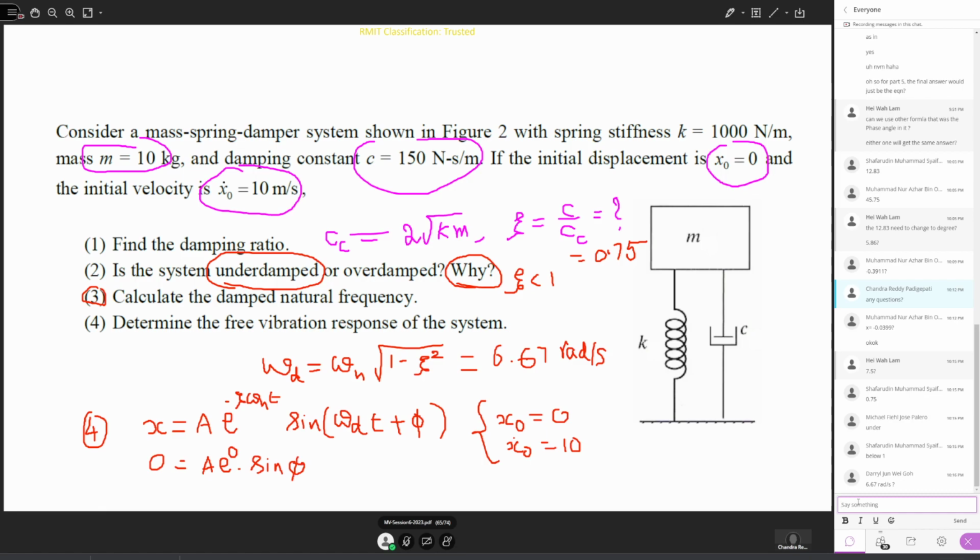So sine phi is equal to 0. That means the phi is also 0, because sine 0 is 0, so the phase is 0.